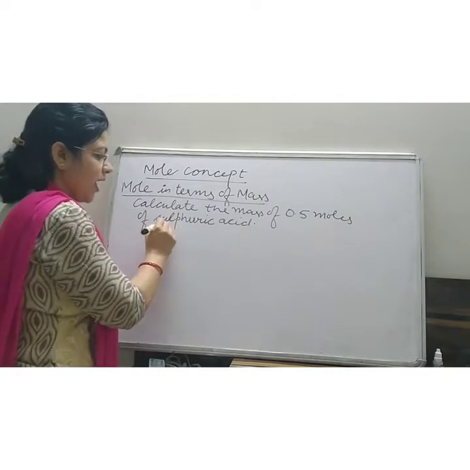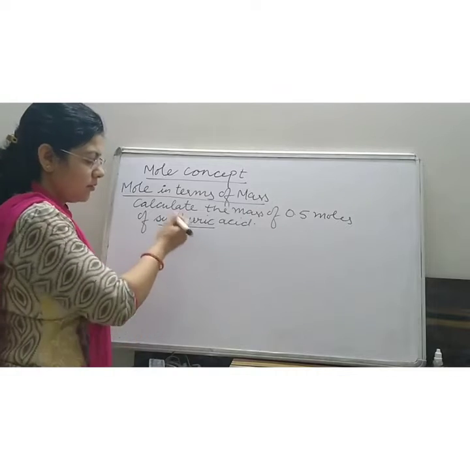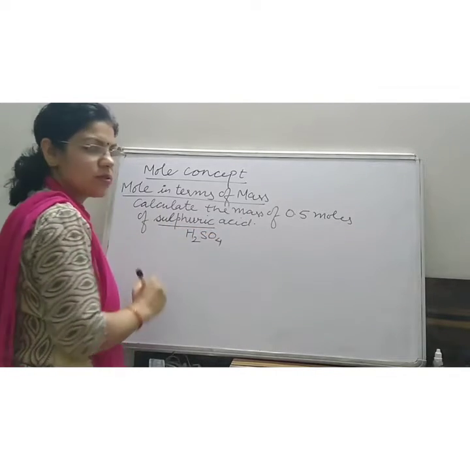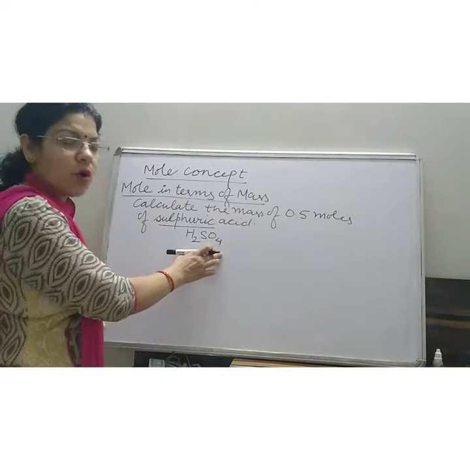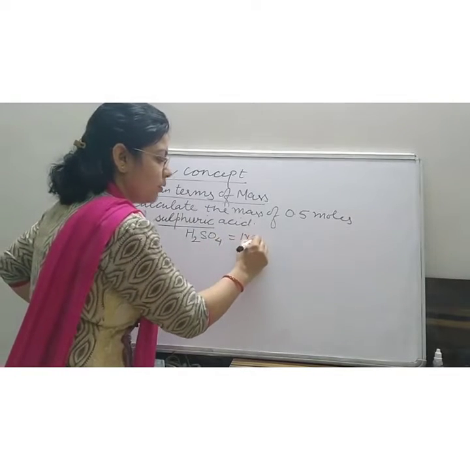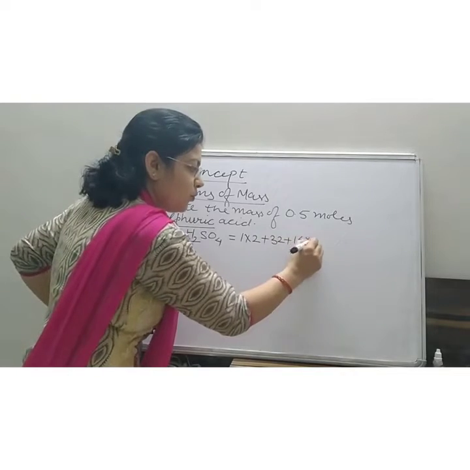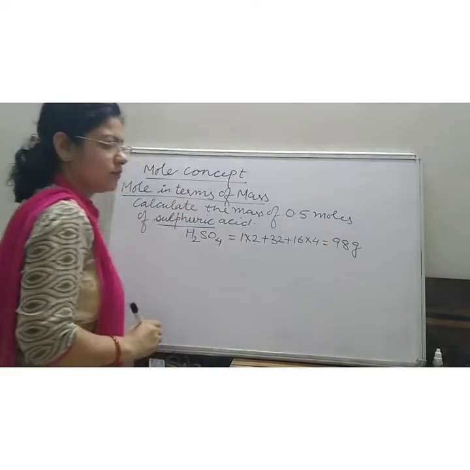First of all, we have to write the chemical formula of sulfuric acid. So write this chemical formula, that is H2SO4. Next, we have to calculate its molecular mass. Its molecular mass is 1 into 2 plus 32 plus 16 into 4, that is 98 grams.